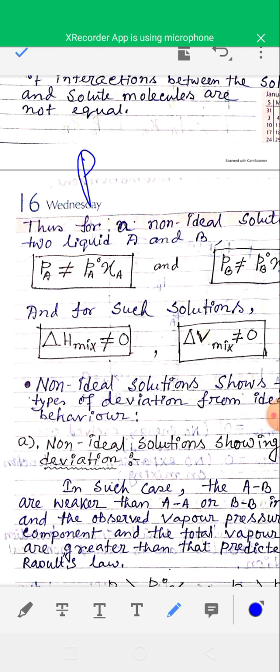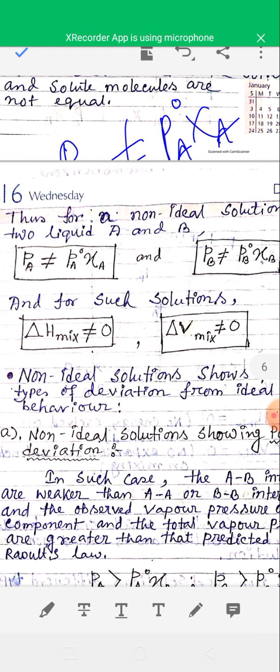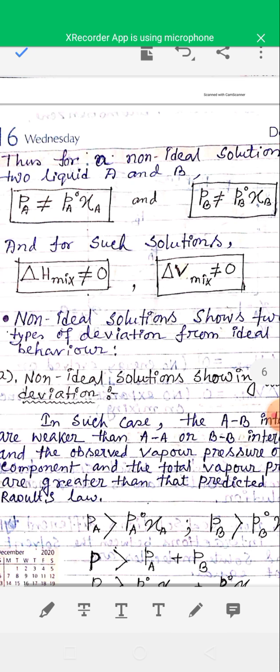For a non-ideal solution, you have to write PA is not equal to PA naught XA. Similarly, PB is not equal to PB naught XB. And for non-ideal solution, delta H mixing is not equal to 0.